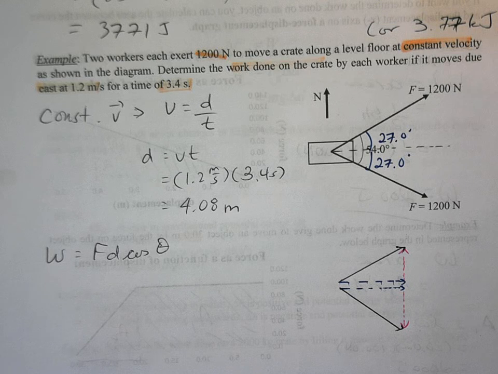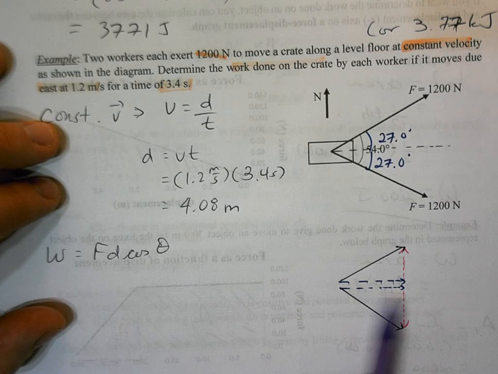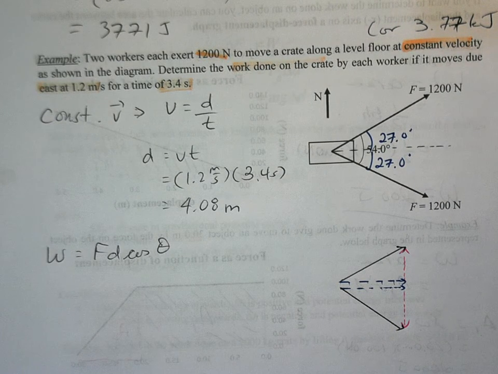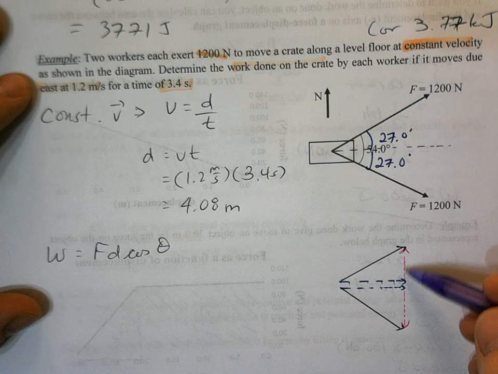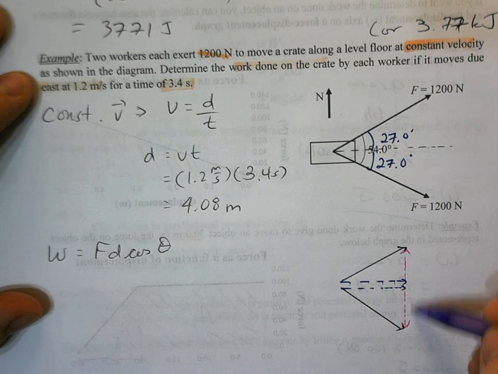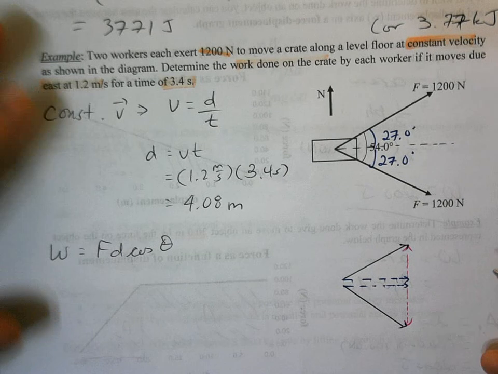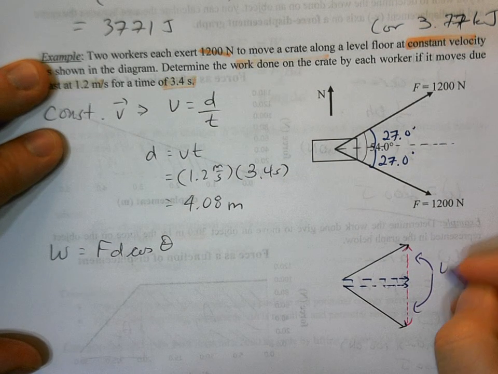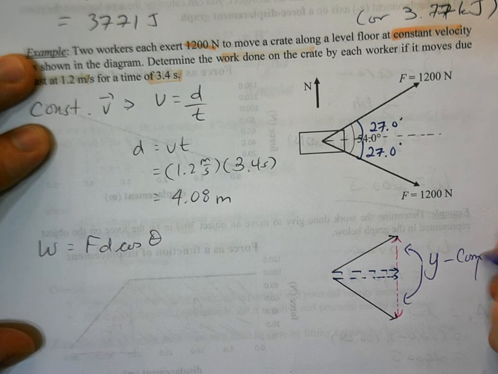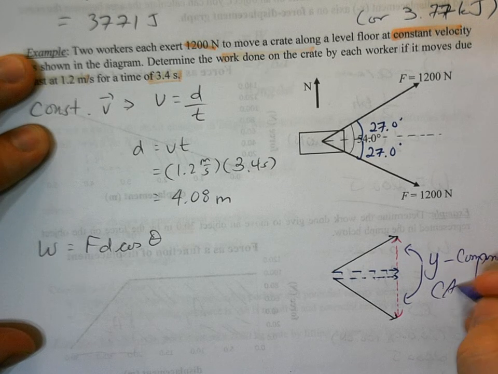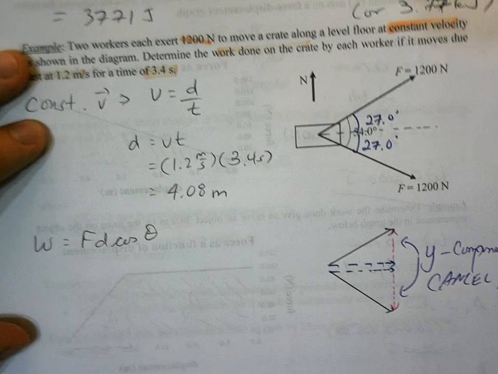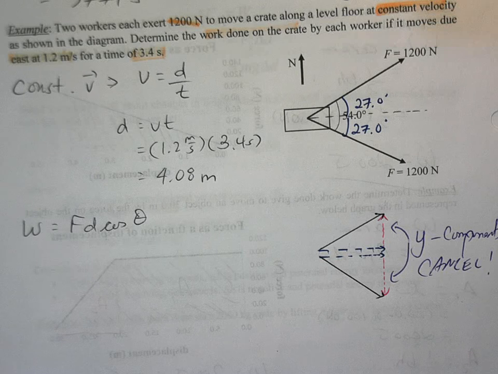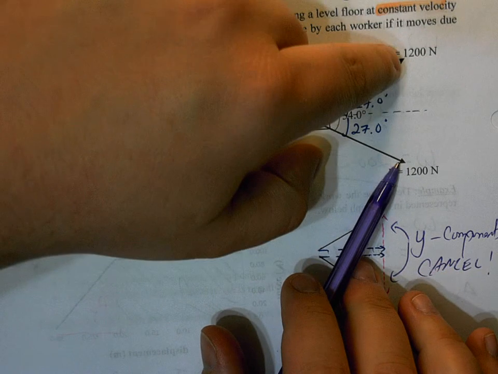But you should notice that both x components are pointing in the same direction, and they're both the same size, so that simplifies the work. But you should notice that these y components have the same length but are pointing in opposite directions. So the y components actually cancel. What that means for us is we don't actually have to consider the y direction at all. We can ignore it safely because they're going to cancel out.